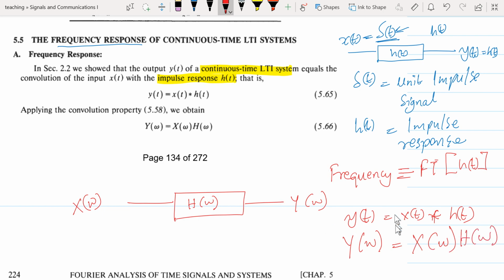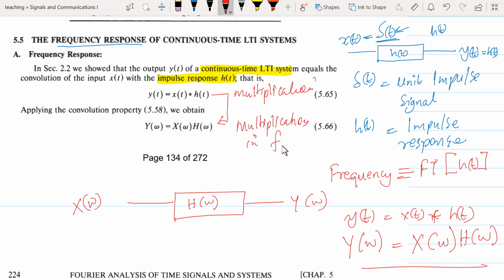This agrees with the properties that we said earlier on, that multiplication in the frequency domain translates to convolution in the time domain.